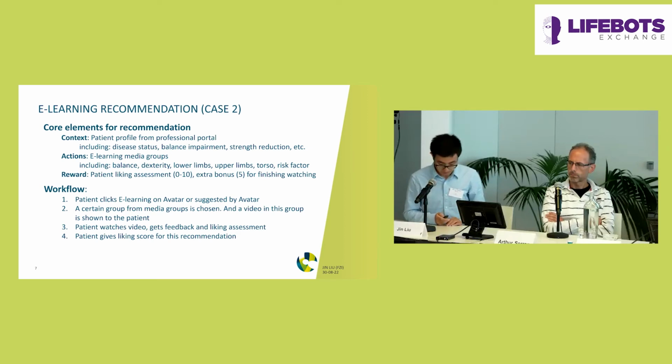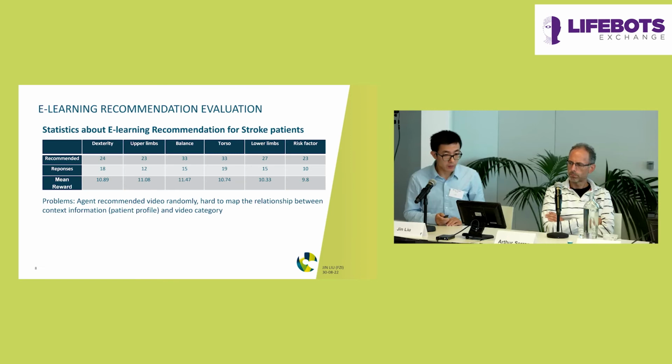Here you can see our result in the pilot phase. We can see 6 different categories of e-learning, how many times we have recommended each in total to a patient, and the reward.